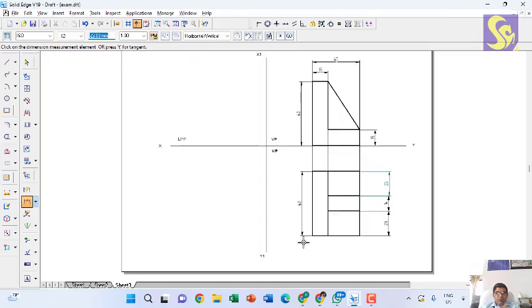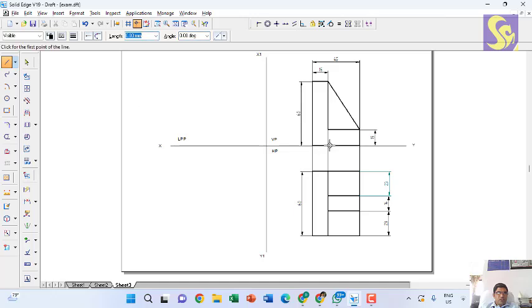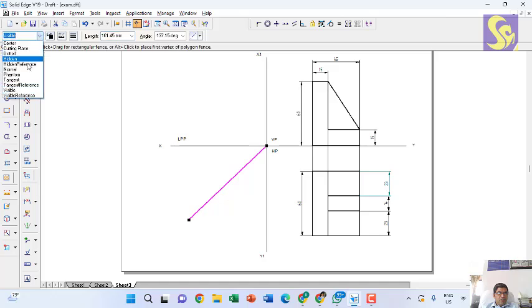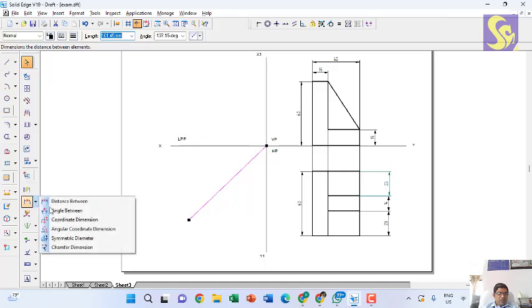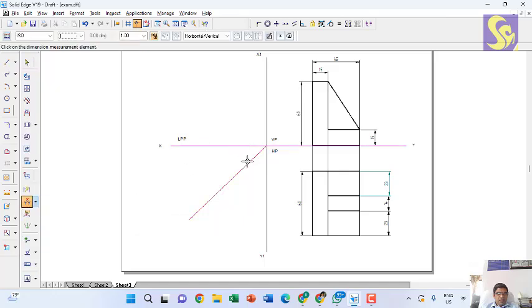To draw the side view, now the procedure is you have to draw a 45-degree line from the intersection of the XY and X1 Y1 line towards HP. Towards HP. And this is 45 degrees.